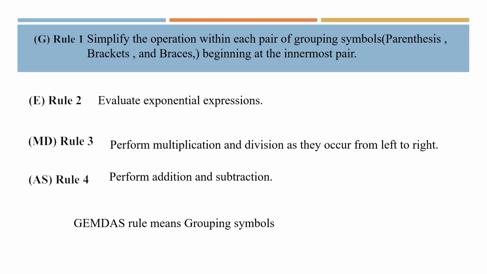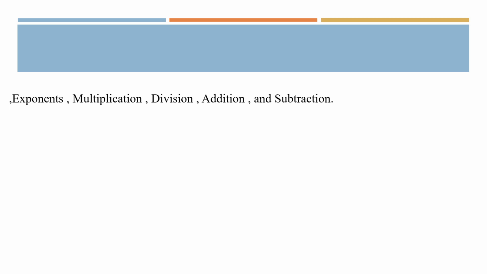So these are the GEMDAS rule, which means grouping symbols: parentheses, braces, brackets; exponents, multiplication, division, addition, and subtraction.